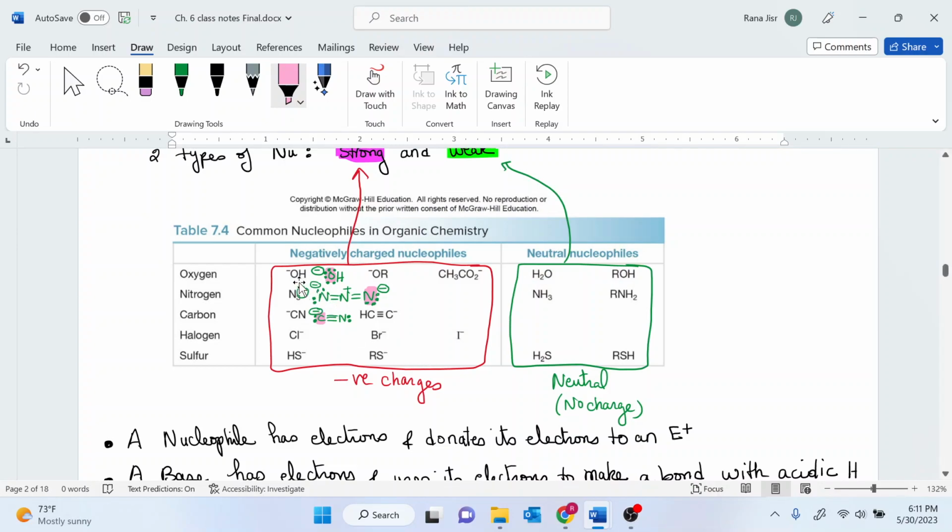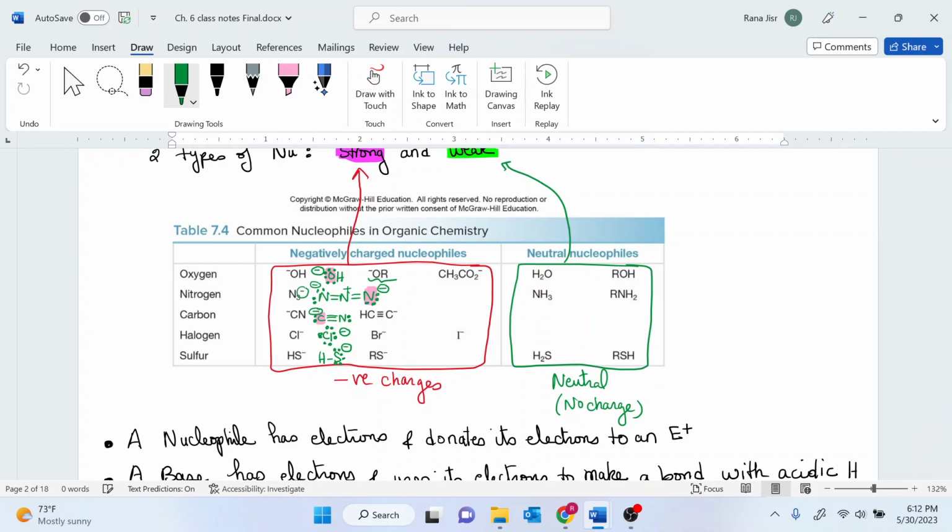So the nucleophile, by definition, whether it's strong or weak, should have lone pairs. Same thing for the Cl negative. So this is going to be my lone pairs. Please show all the lone pairs whenever you're working with these reactions. I know that sulfur has 3 lone pairs in order to have a negative charge.